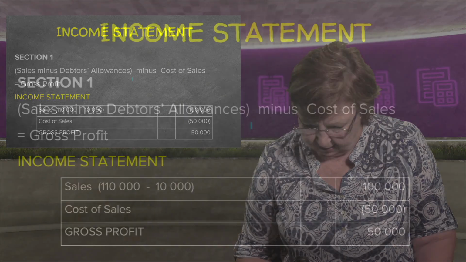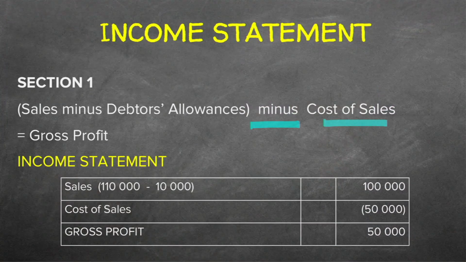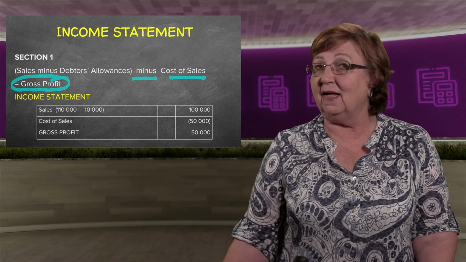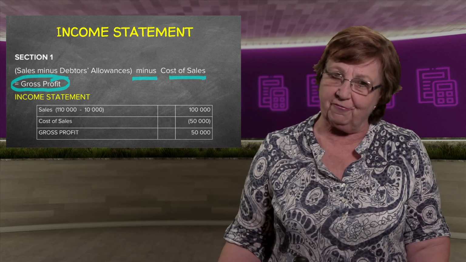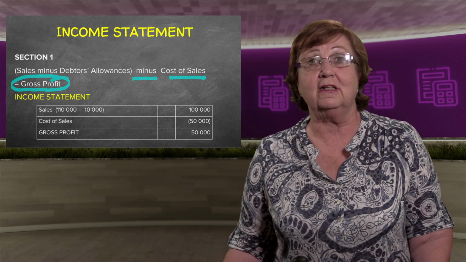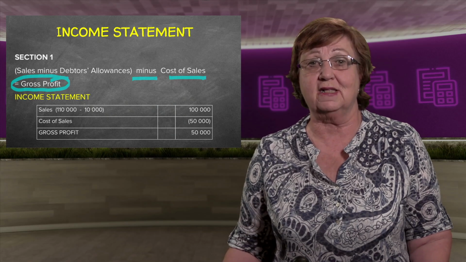And then we are going to minus our cost of sales, and that is going to give us our gross profit. Now remember, gross means large in English, and you teenagers use gross as in ugly, but here it's not ugly. Here it is the large profit. And so how will this look in my income statement?